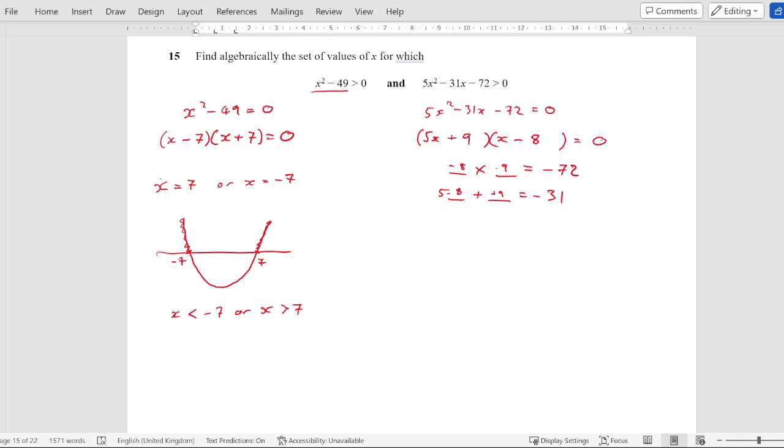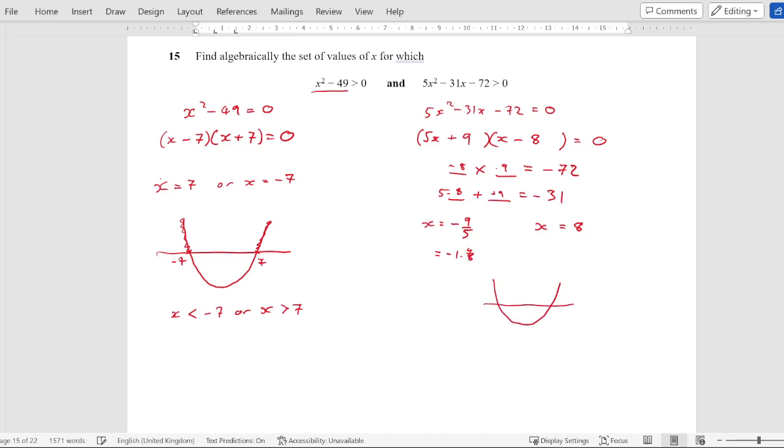That leads me to two values for x. To make this bracket 0, x would need to be equal to minus 9 over 5, which is minus 1 and 4/5. And to make this bracket 0, x would need to be equal to 8. Then I'm going to do what I did here and draw a rough sketch of the quadratic.